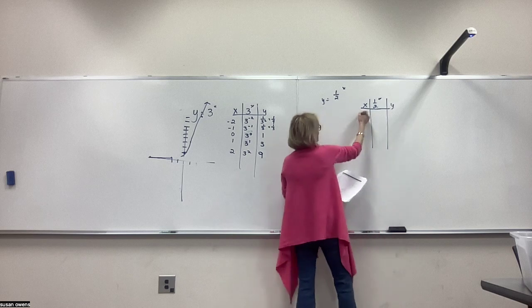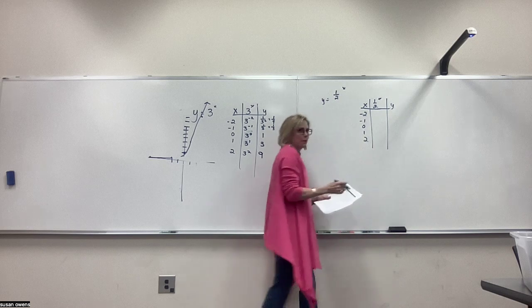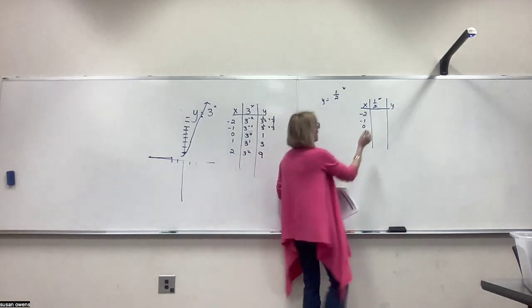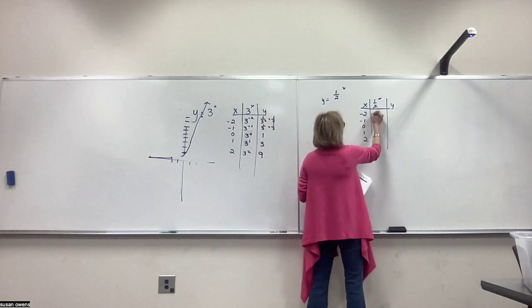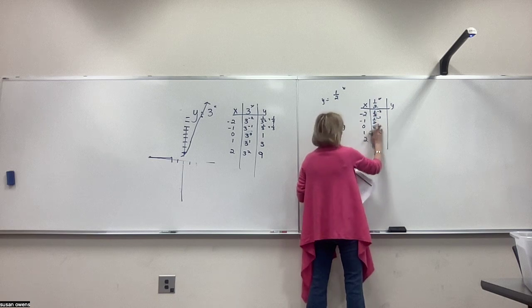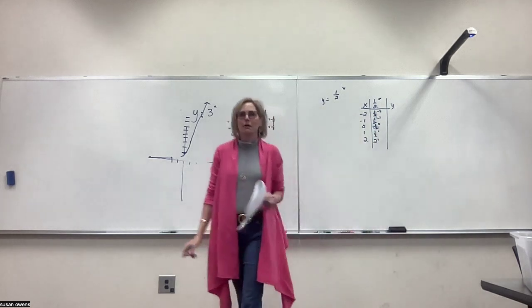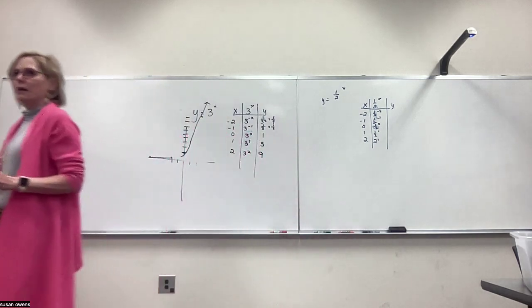We'll do those -2, -1, 0, 1, and 2. So we've got 1/2 to the -2, 1/2 to the -1, 1/2 to the 0, 1/2 to the 1, and 1/2 to the 2.